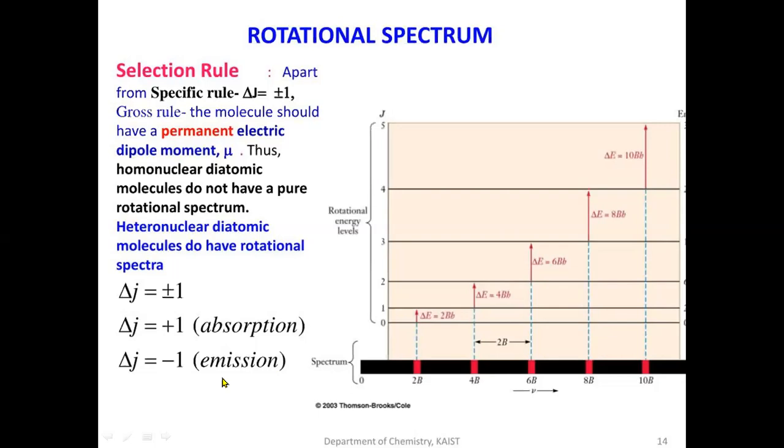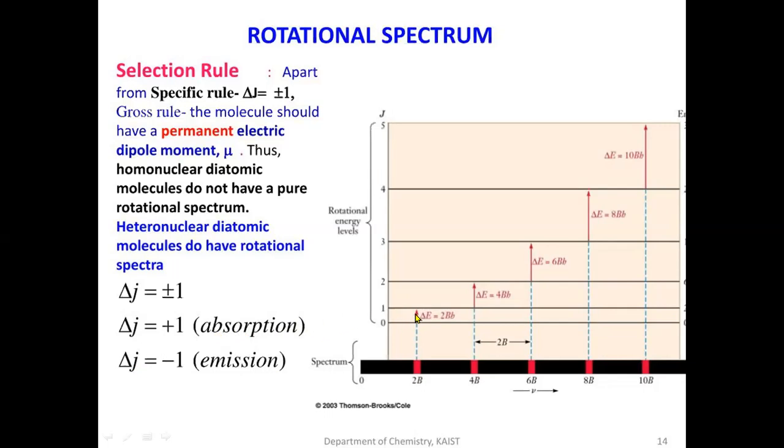When you refer to your textbook, you can find that the selection rule for absorption is delta J equal to plus 1. So when a molecule jumps from rotational level 0 to 1, this transition is allowed, with delta J equal to plus 1.